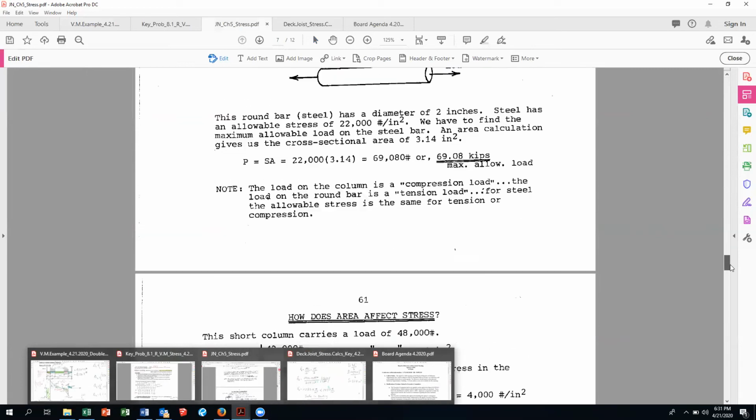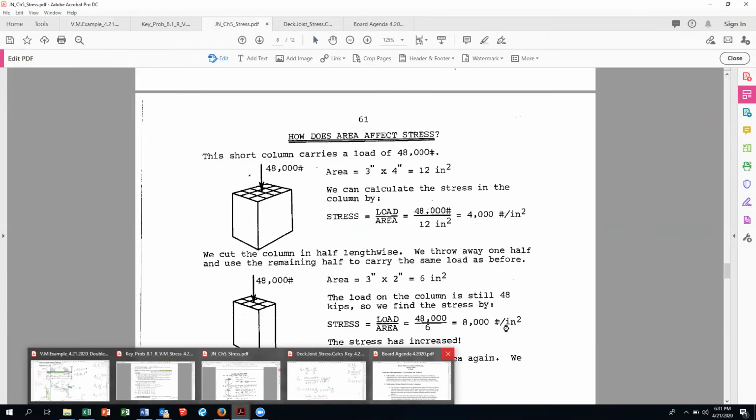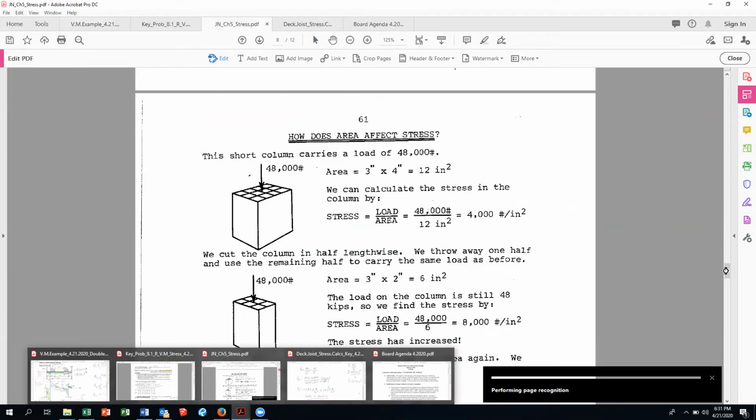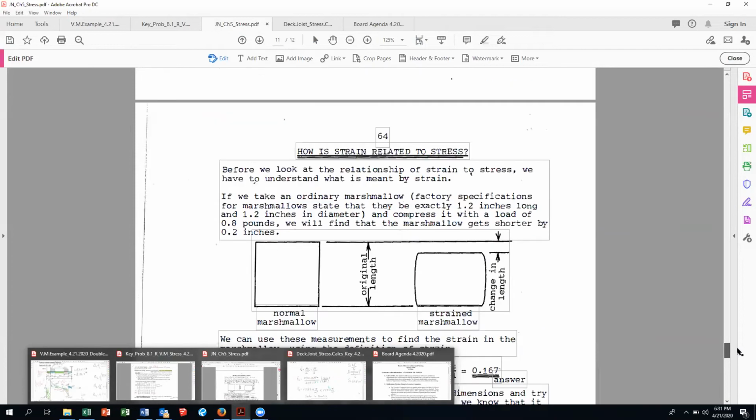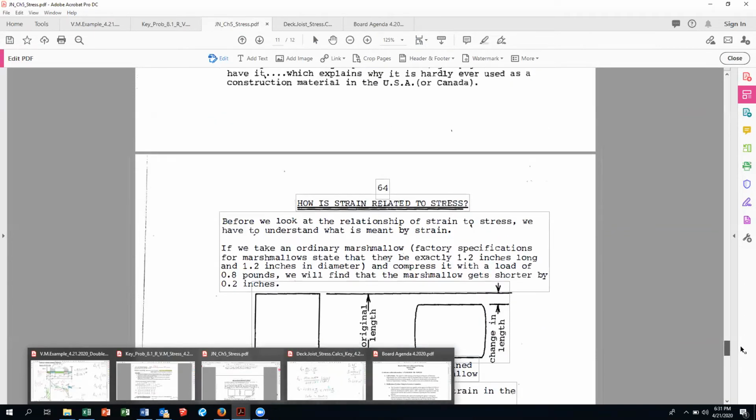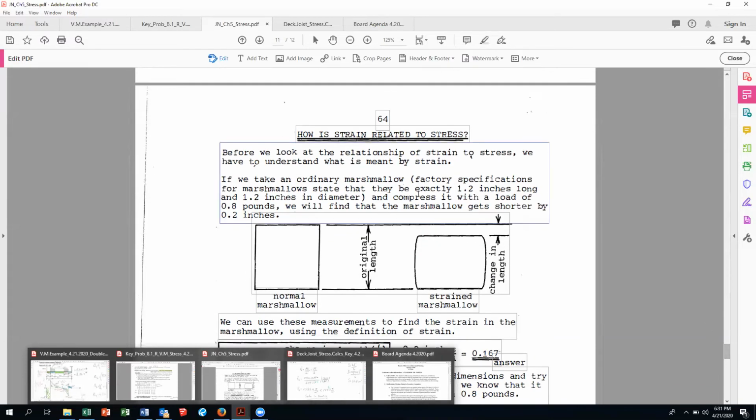But it's the last 2 pages that, I mean, you're going to see some basic pressure and stress calcs, but you're going to see some stress and strain questions on the test. Okay? I don't know if it's a marshmallow, but it might be.